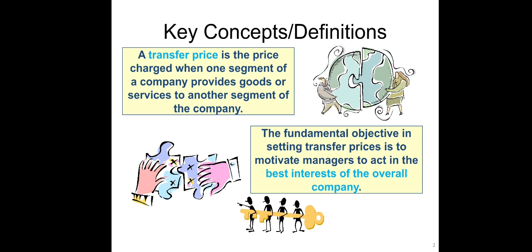So the performance of the segment can also be seen as the performance of the manager. So if you allow this manager to make decisions, they want to make decisions that can make their segment get the highest profit they can, because when their segment shows the highest profit, people will say that the performance of the manager of that segment is good.